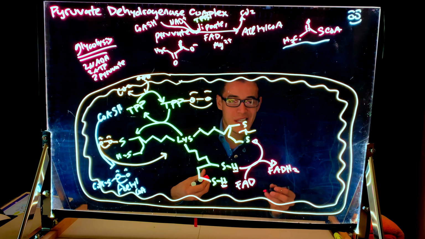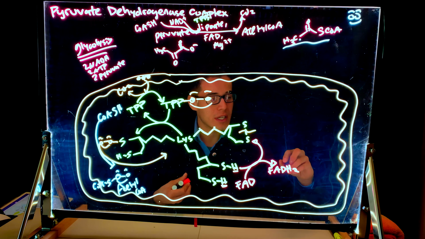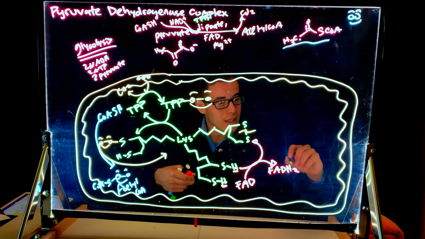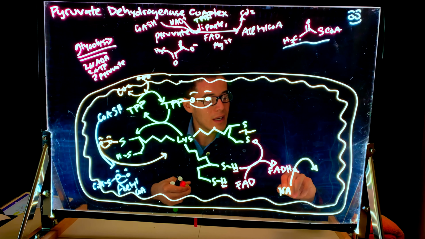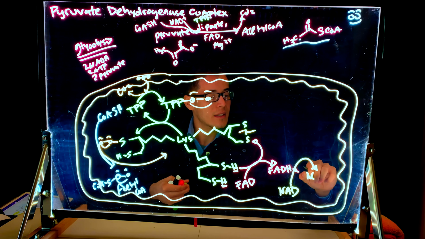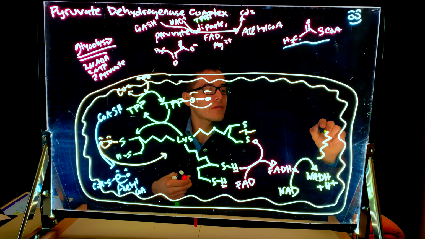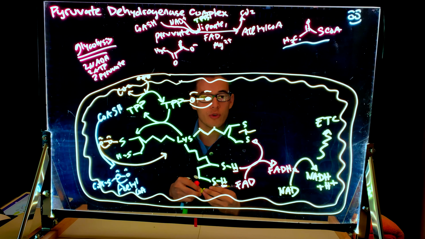FADH2, as we know, is rich in electron density. This can get sent to the electron transport chain if we go ahead and give some of these electrons to NAD, making NADH plus H.